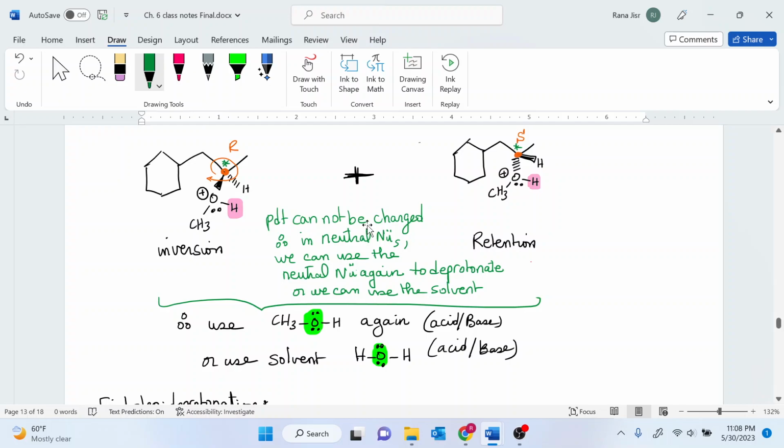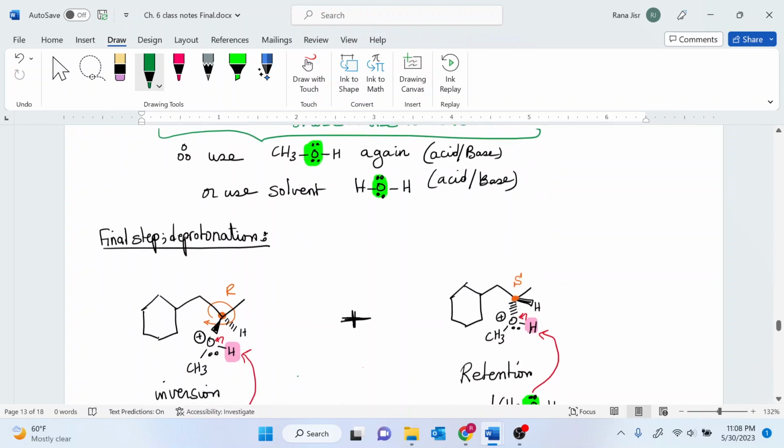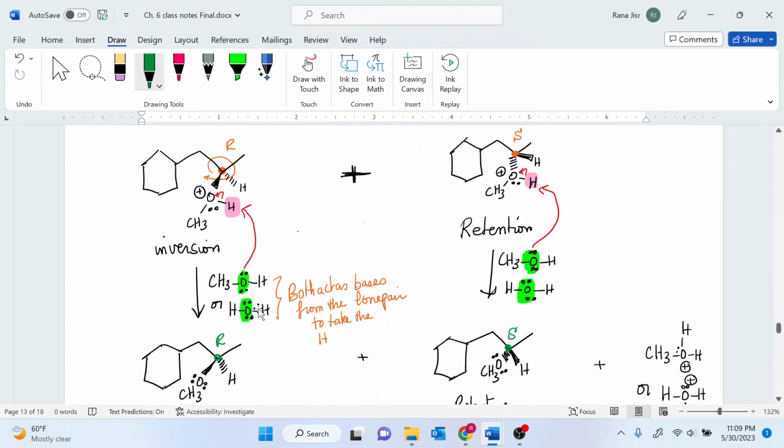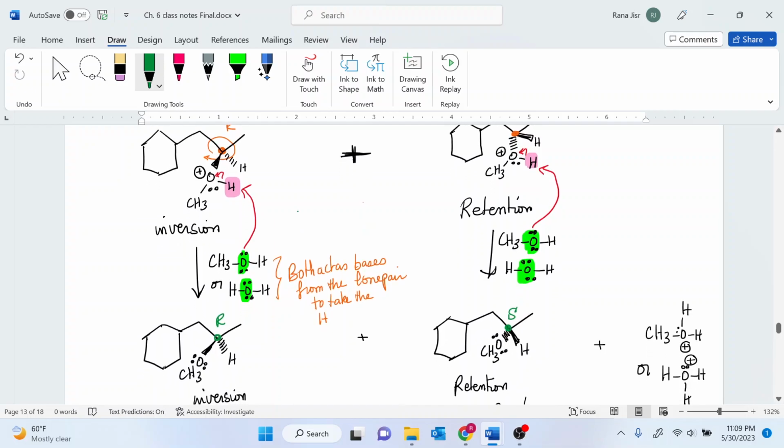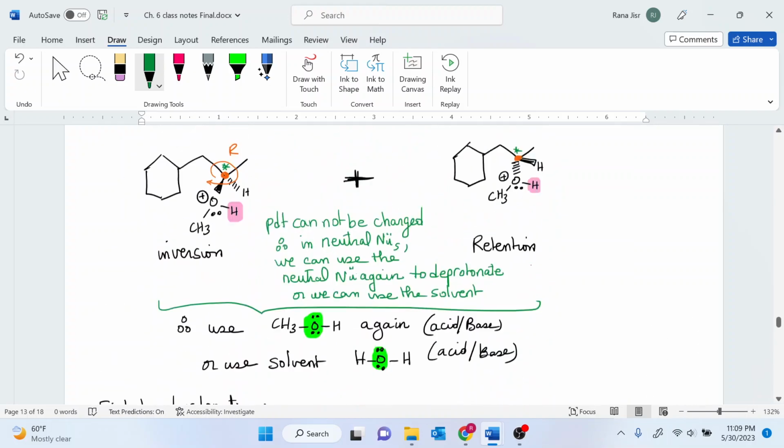Before I missed a step here, which is the deprotonation step. So do the deprotonation step here, which is the final step before you go ahead and you combine both products and say that your product is a racemic mixture. So the deprotonation step here, you can use either methanol or water, whatever you want, because both are neutral and both are bases in there.